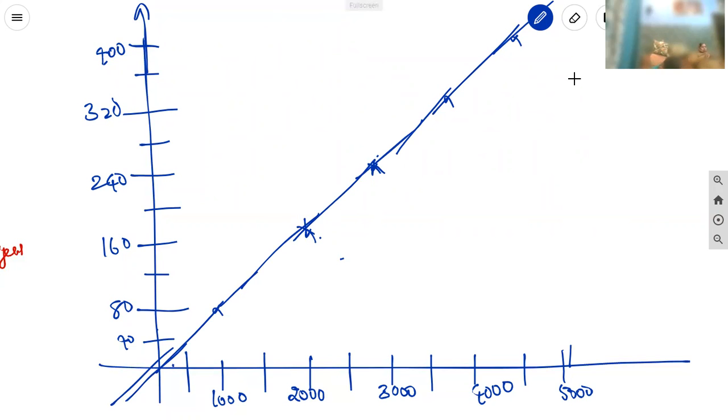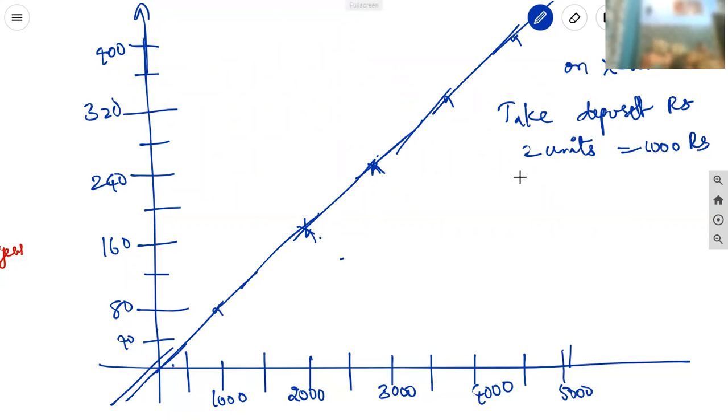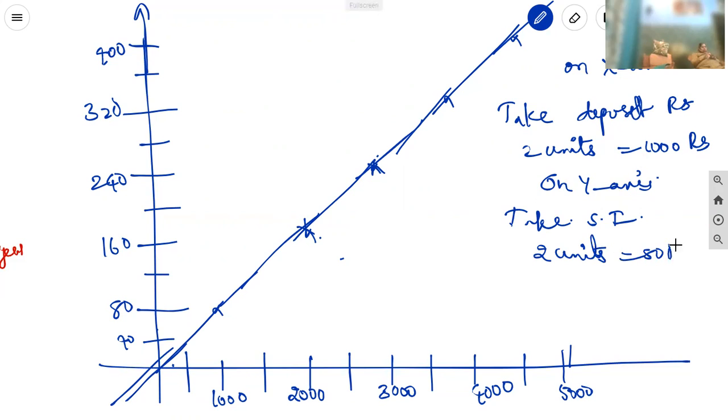It is a straight line. So on x-axis, take deposit rupees, 2 units equal to 1000 rupees. On y-axis, take simple interest, 2 units equal to 80 rupees.